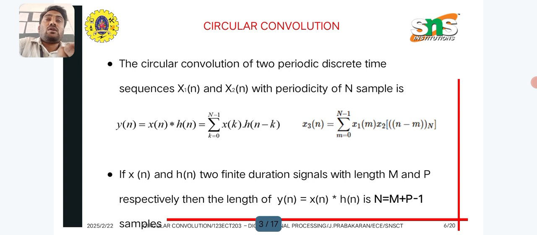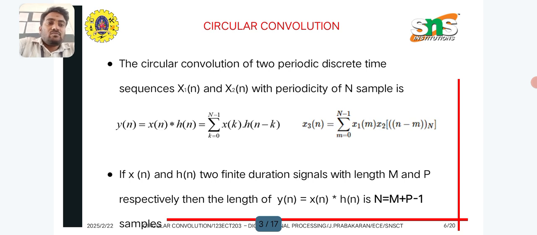What is the formula? In the last video we discussed y of n, which is the output of the system. y of n equals x of n convolved with h of n, which is equal to summation over k of x of k into h of n minus k.